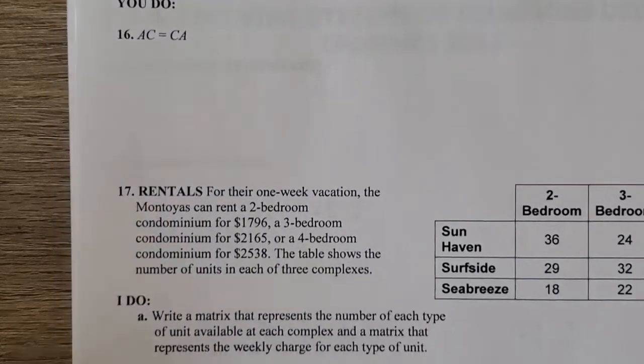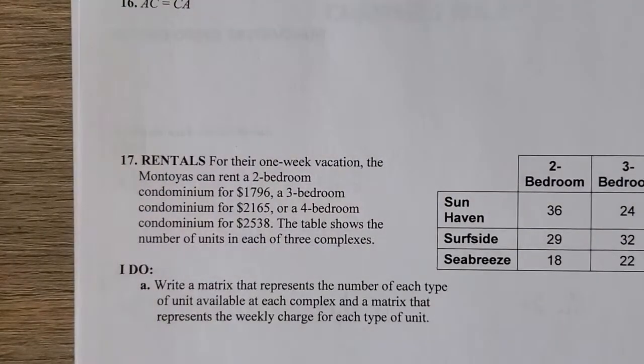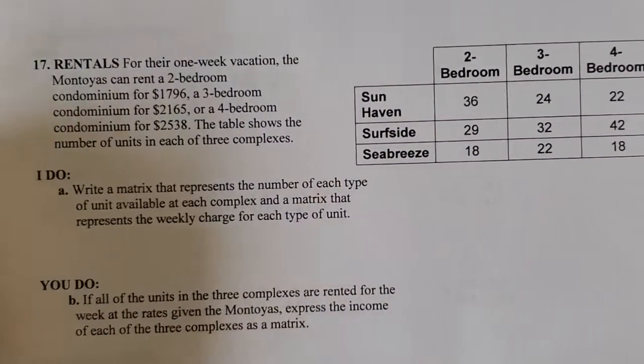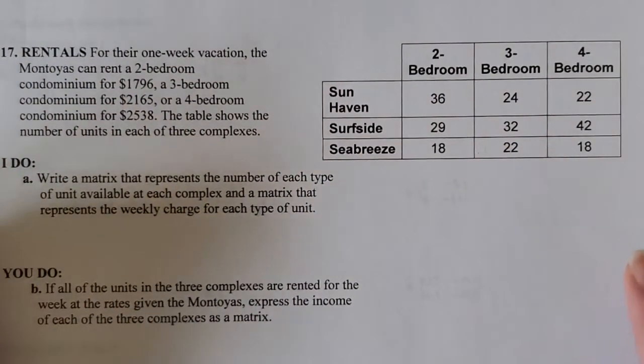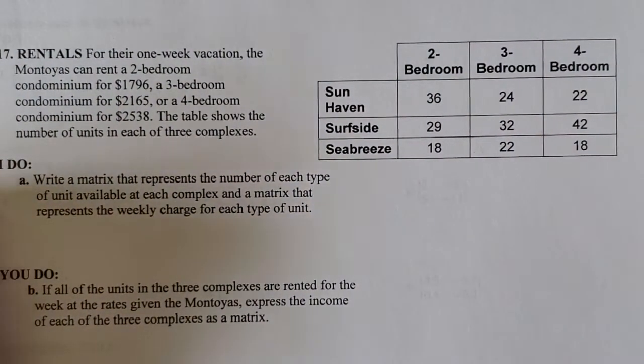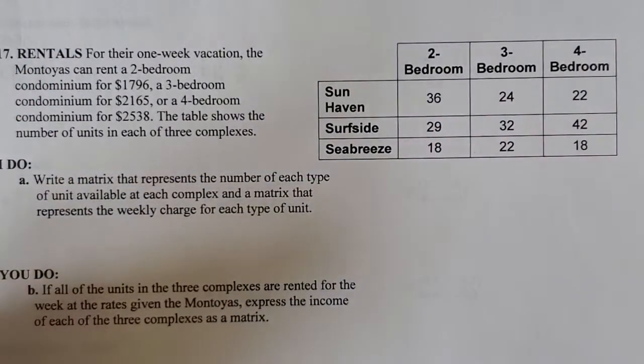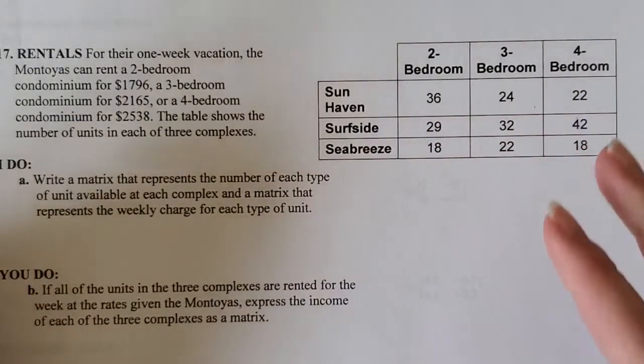And then number 17, we are using a word problem here. For their 1 week rentals, vacations, the Montoyas can rent a 2-bedroom condo, a 3-bedroom condo, or a 4-bedroom condo. These are the prices. The table shows the number of units that are available to rent from the different complexes.